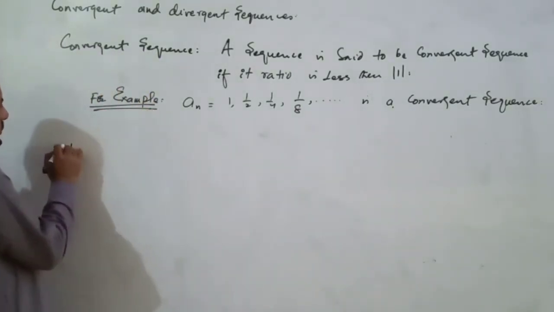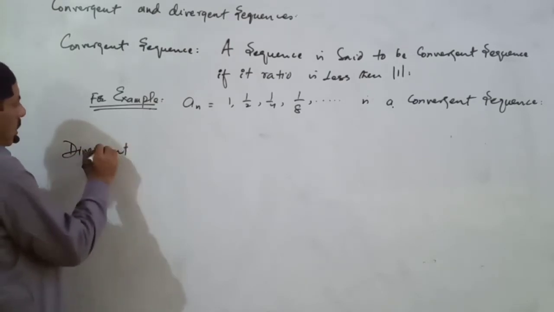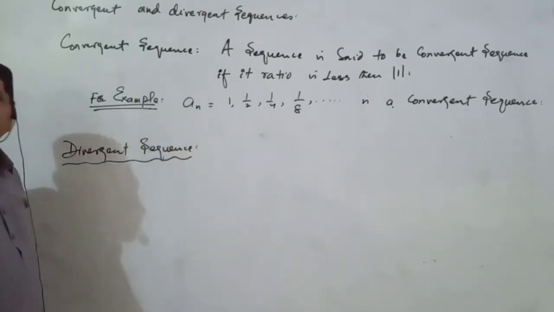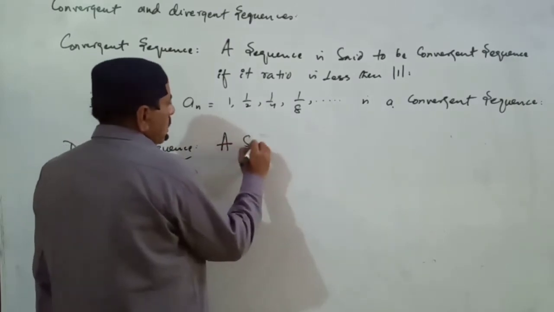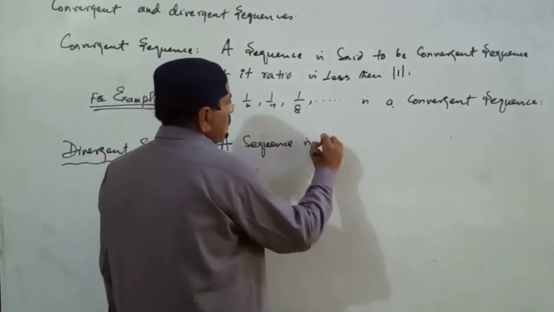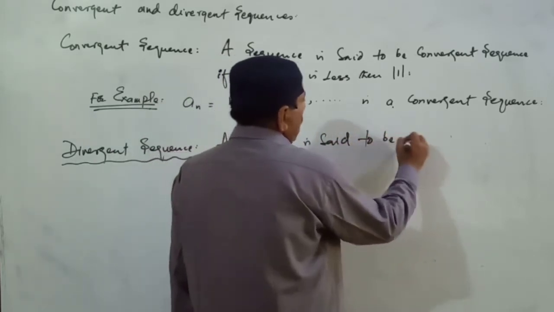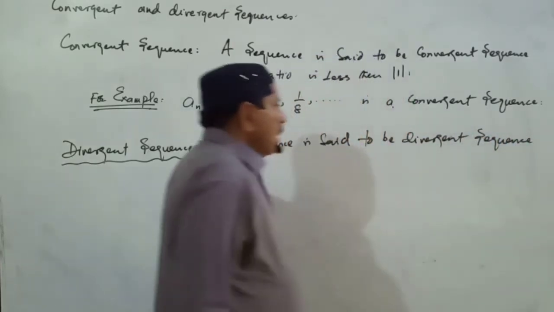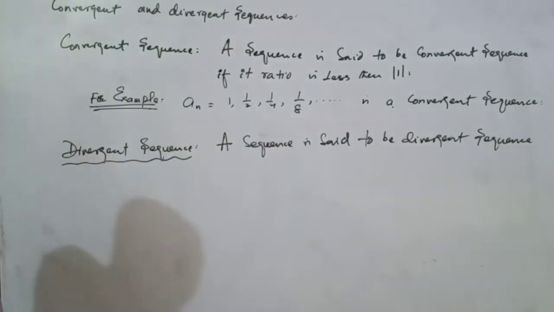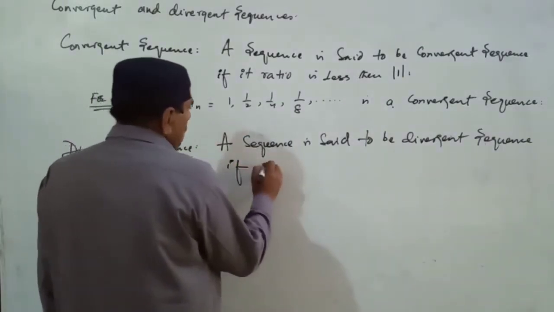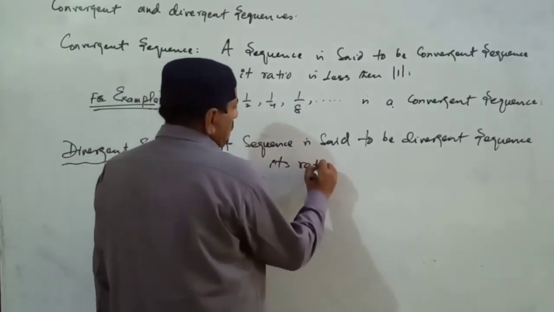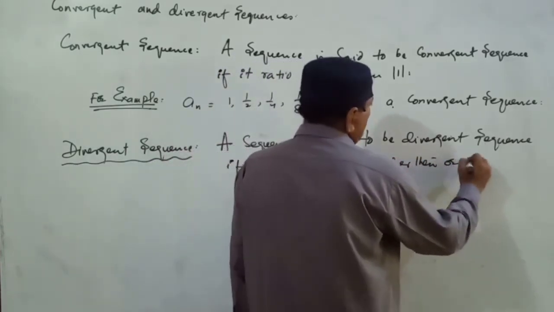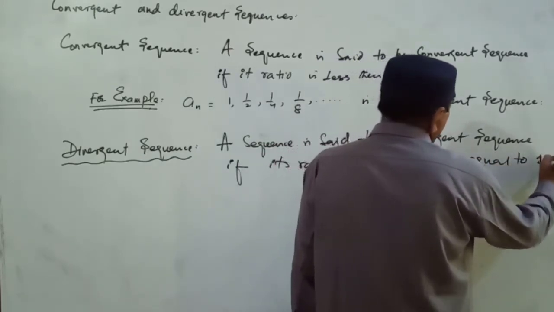Again, divergent sequence. A sequence is said to be a divergent sequence if its ratio is greater than or equal to 1.